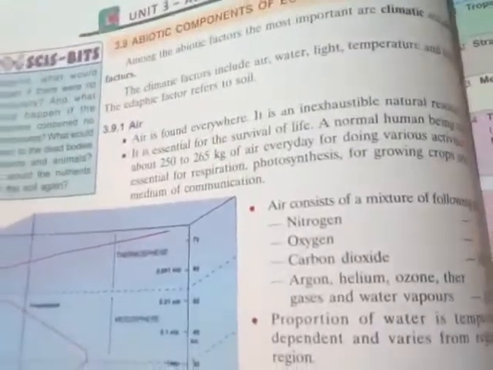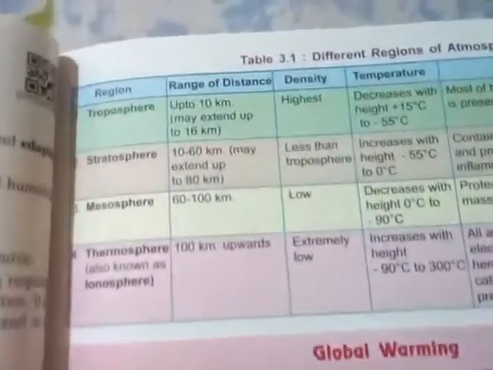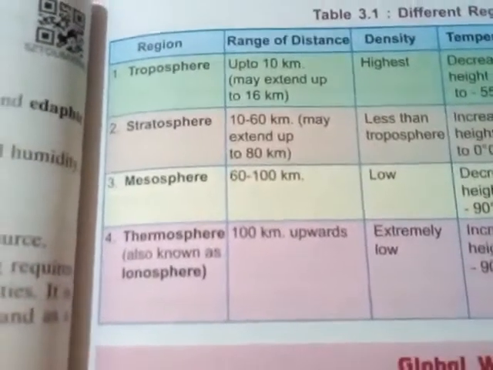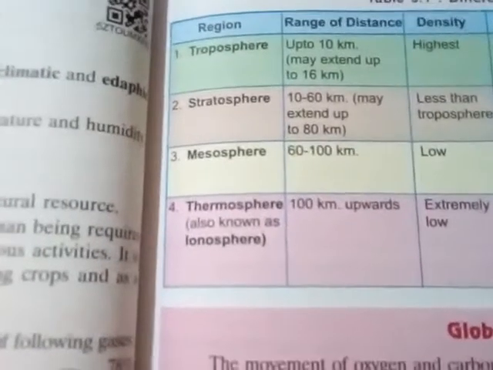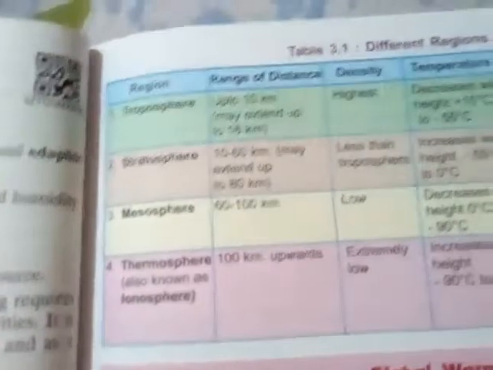If it were not there, certain bad things may happen. The four important parts are the troposphere, stratosphere, mesosphere and thermosphere.